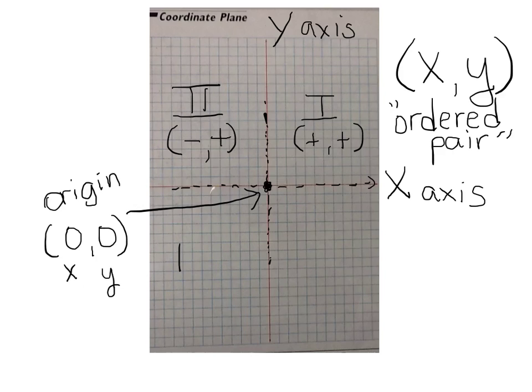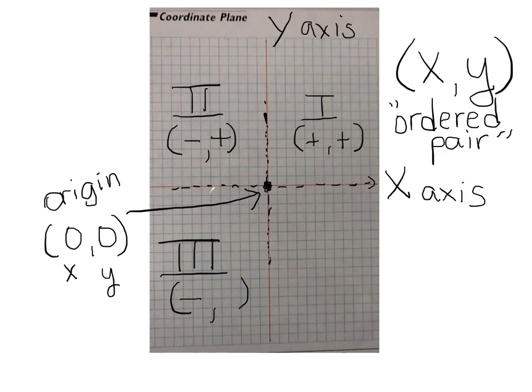Okay, so here's quadrant number 3. Okay, so what do you think the value of x would be if you have a point or an ordered pair that's in the third quadrant? That's right, it'd be negative. Okay, what about the value of y? Would it be positive or would it be negative?